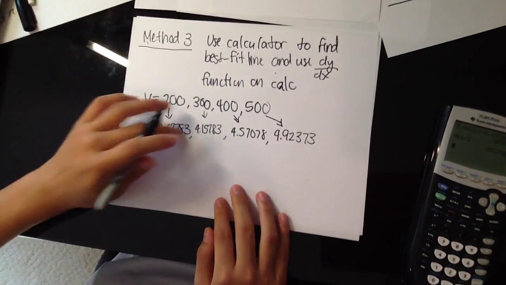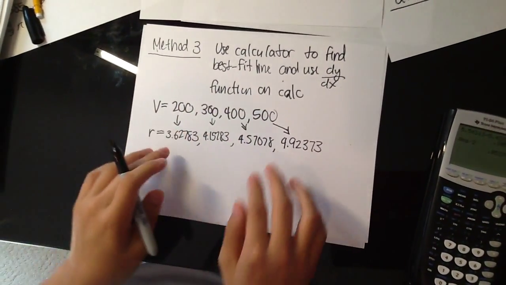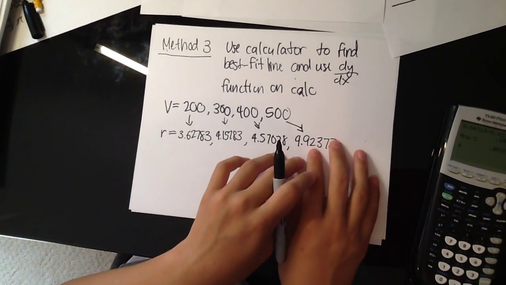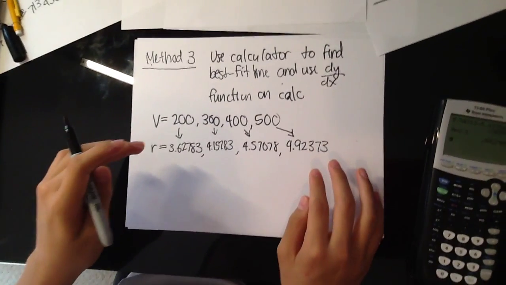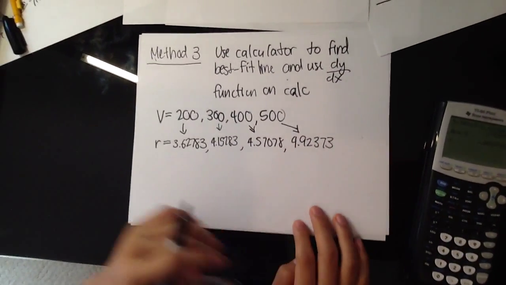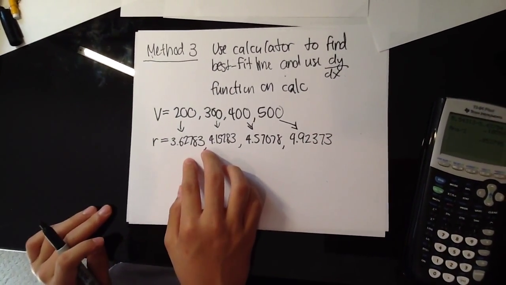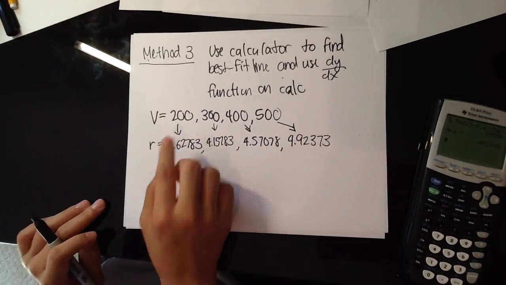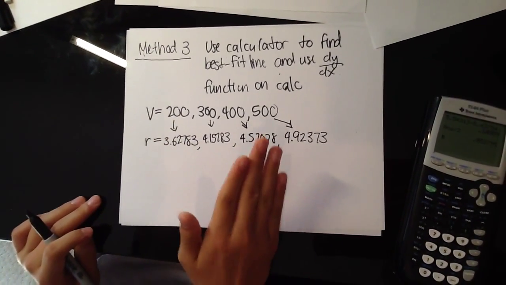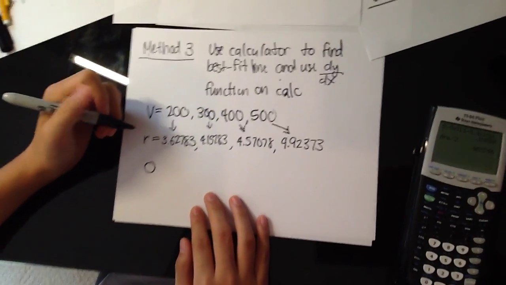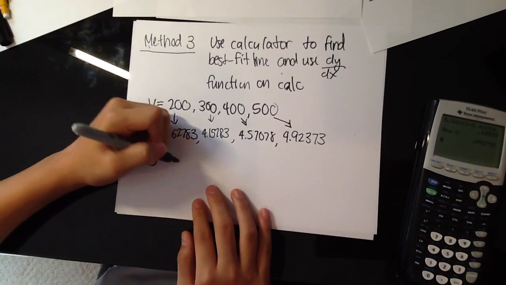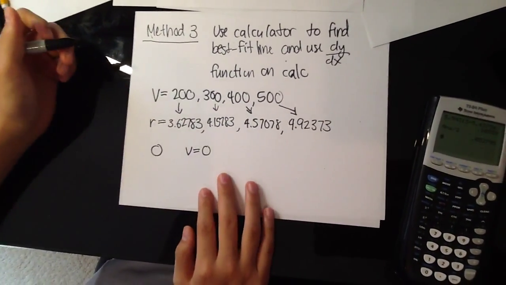So now that we have that, we need to relate the radius to time, because we're seeing how the radius changes over time. So how do we relate this over time? Well, we know the volume changes at a fixed amount. So let's just say that at 0 seconds, the volume equals 0, right?